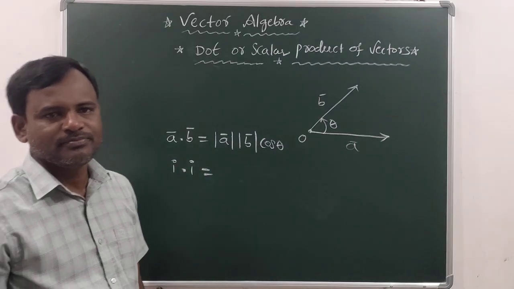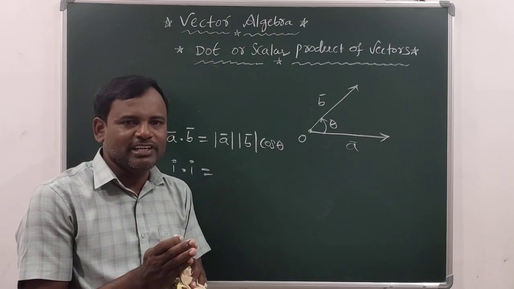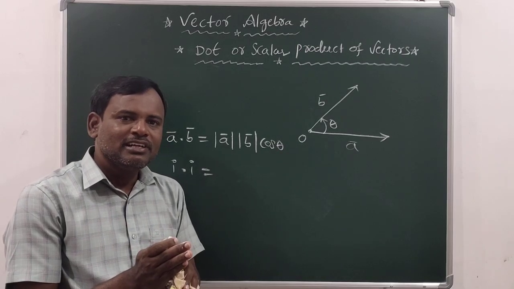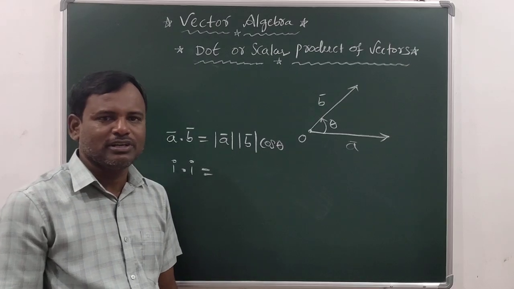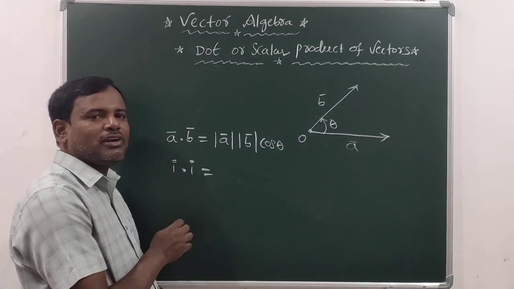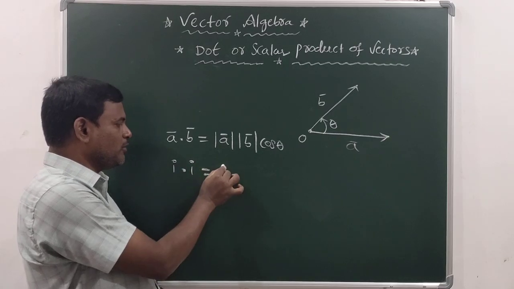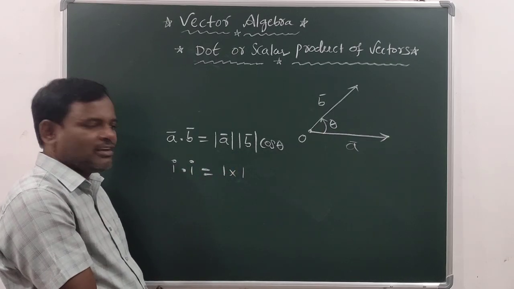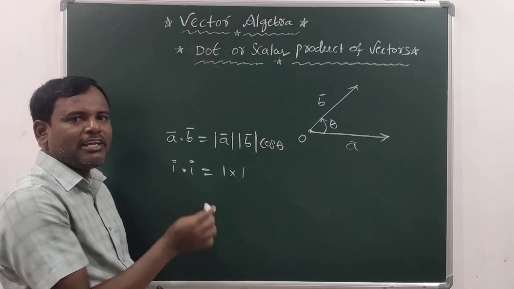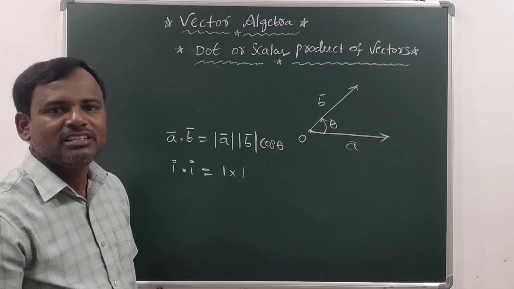Tell me. i dot i, A and B both are coincident. i is a unit vector which acts along the x-axis, you know that. So take the dot product of these two: the first vector magnitude is 1 and the second vector magnitude is 1, and the angle between these two, i and i, both being coincident, is 0.